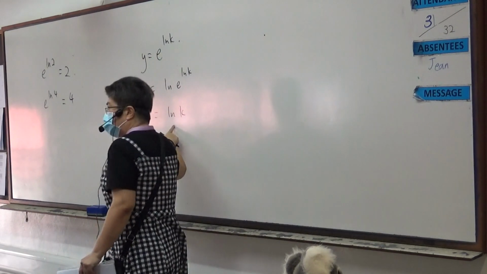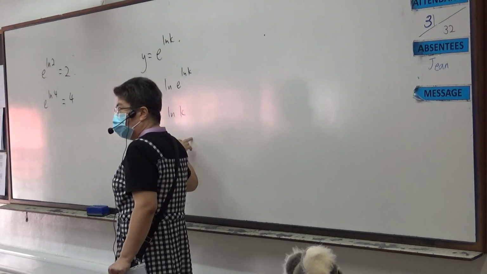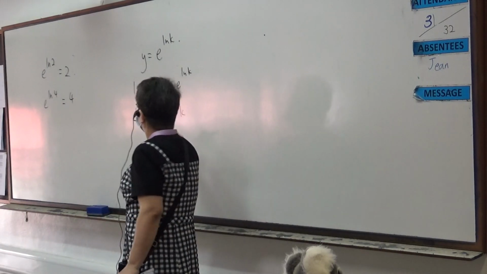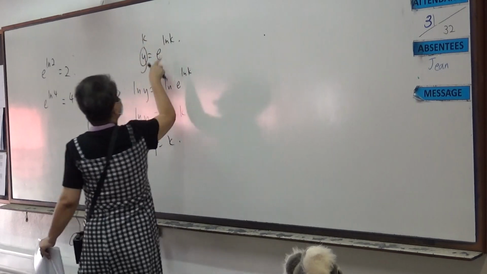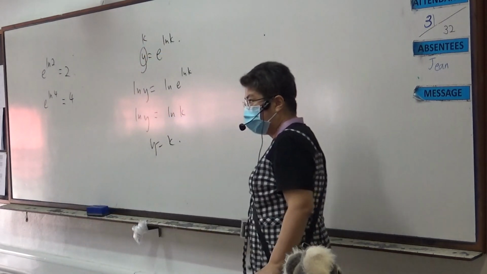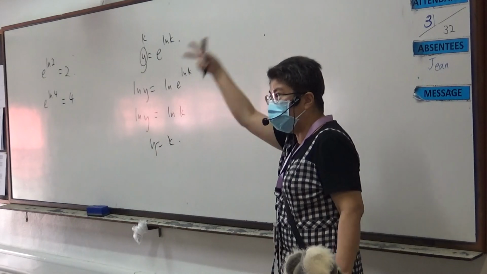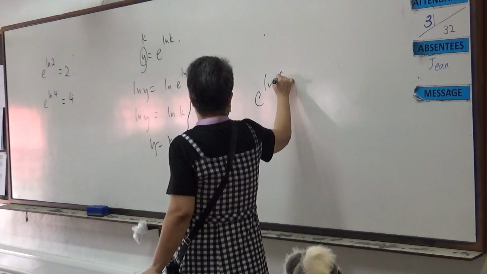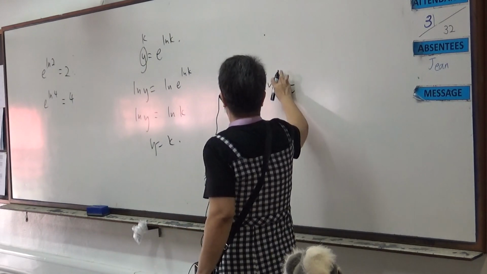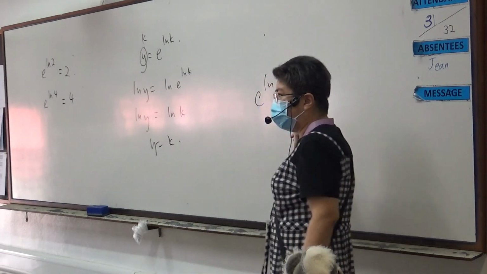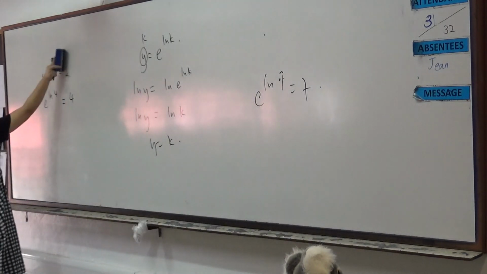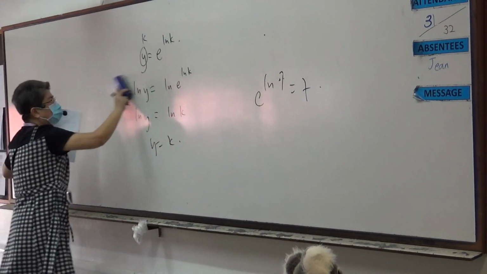So ln and ln is unique, so y equals k. So e to the power of ln k is k. This is a very good manipulation. You don't have to key in your calculator. Understand? That means if I have e to the power of ln 7, it will be just 7. That's all. Okay? So this is something that I need to tell you. Okay? Next.